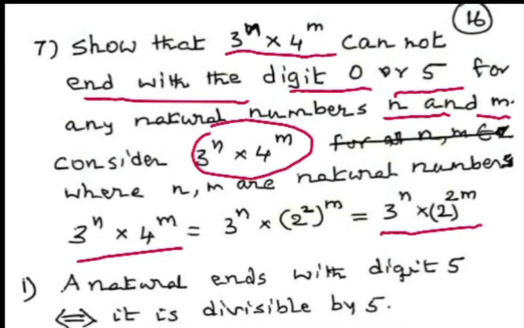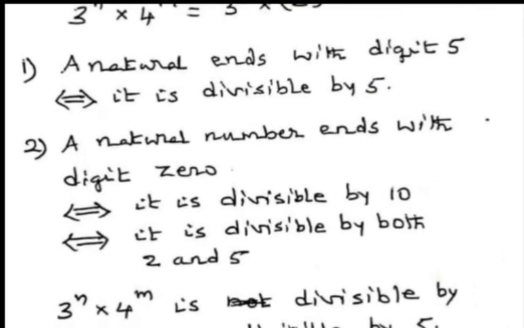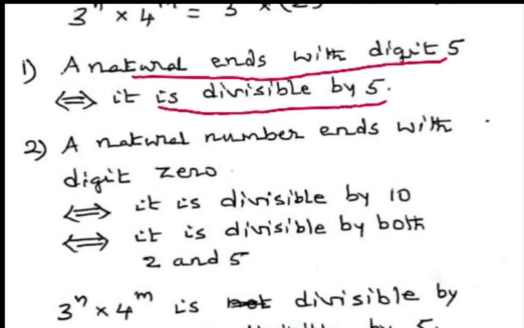Now we note down the important properties of numbers, that is, conditions for ending with 5. A natural number ends with digit 5 means it should be divisible by 5. A natural number is divisible by 5 if and only if that number ends with digit 5.